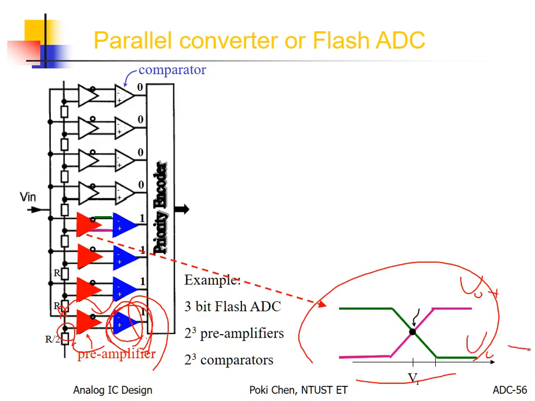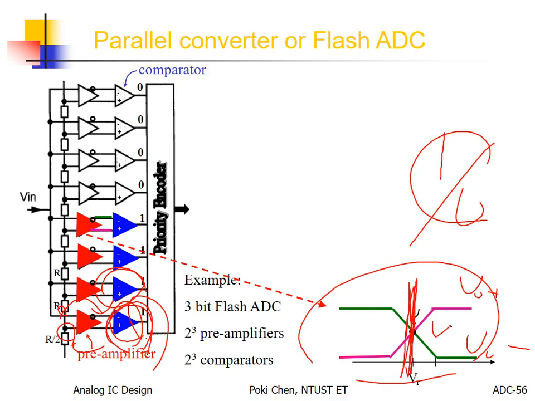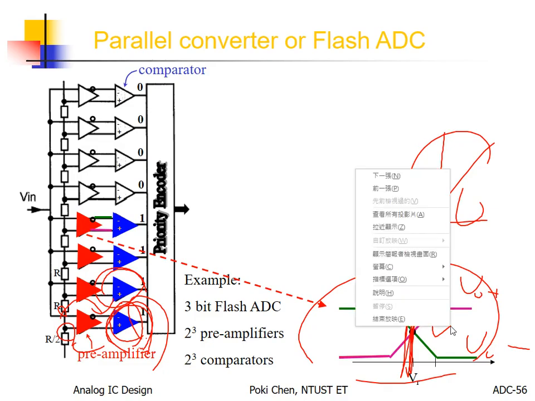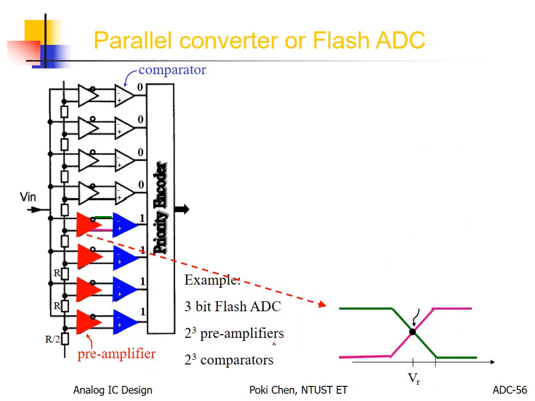They are connected to the two inputs of the comparator. So to make the output become 1 or 0, it depends on this: if the purple line is larger than the green line, you get 1. On the contrary, you get 0. Got it? So for such a comparison, the so-called threshold voltage is actually here.